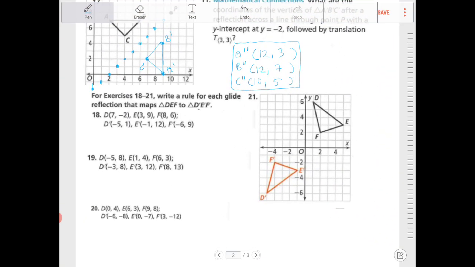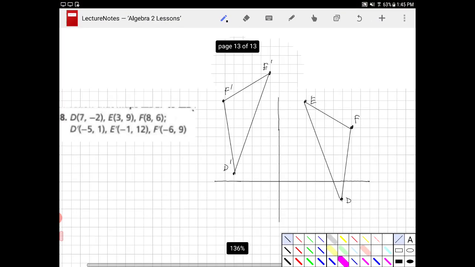I want to write my answers over here because this is what I will be uploading. So it looks like it's going to be a translation of (0, 4), and it's going to be a reflection over which line? Over the line x equals 1.